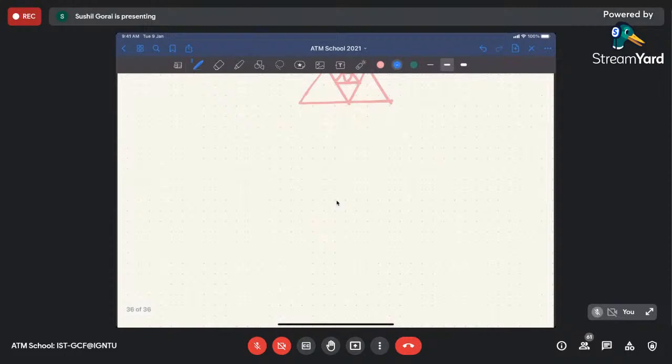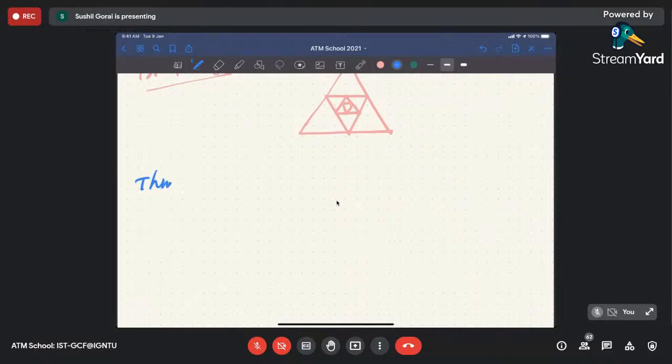So let us prove a generalization of the previous one. This is another theorem, and we'll use this one today itself, so let's call it star.